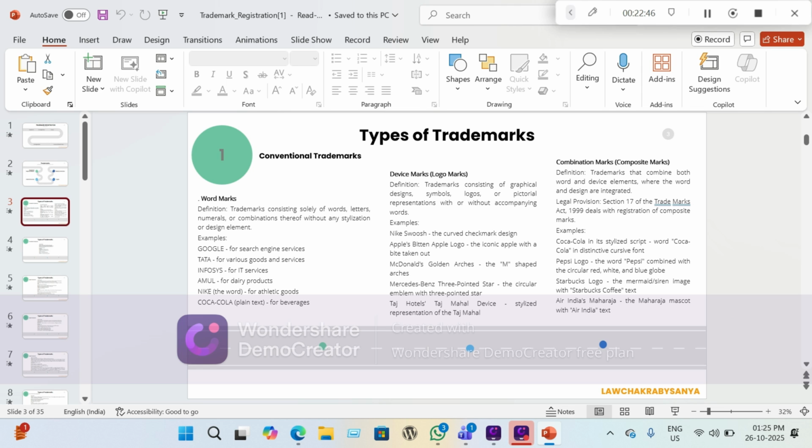So there is no text font size or color or designs, the logo, whatever the logo entails. There is nothing of that sort that gets protected. It's only the word. So, for example, if it is McDonald's, then the M of McDonald's in the way it is written will not be protected if it is a word mark.